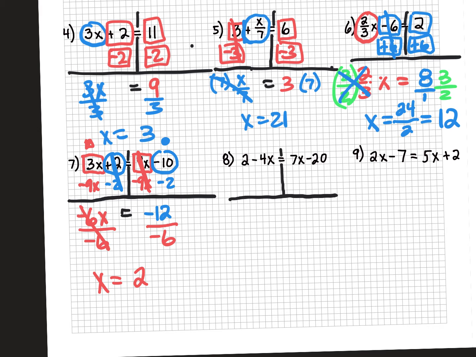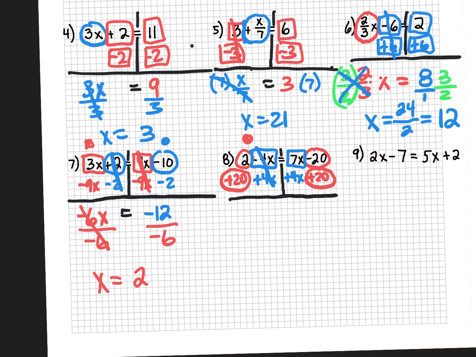There's my basketball court. There's a number. Negative 20 is a number. Negative 4x is in a square. 7x is in a square. I'm going to add 4x over here, so I like adding when I can. So I'm going to get rid of them there. And then I'm going to add 20 to this side to put all my reds on the left.